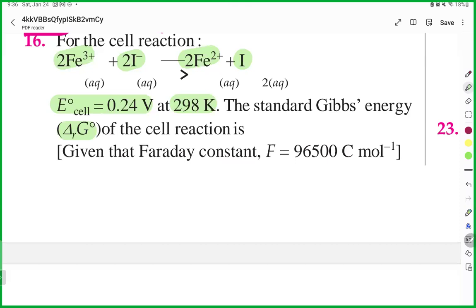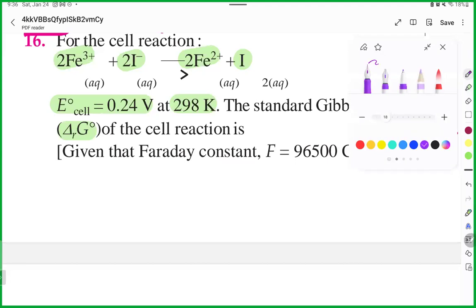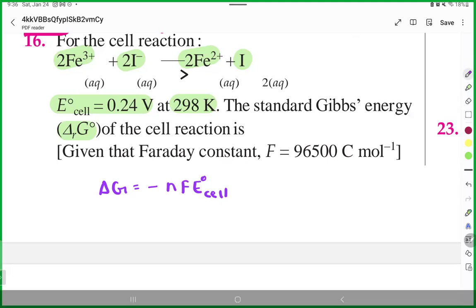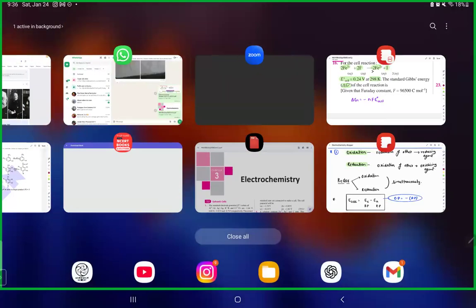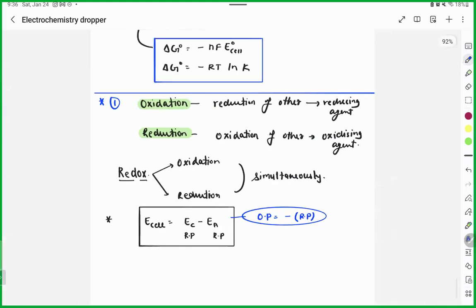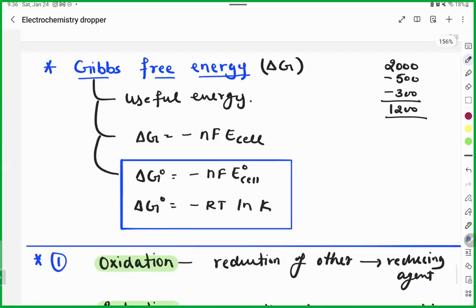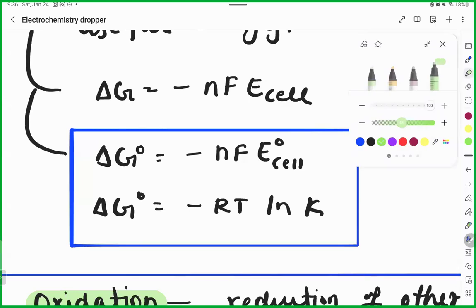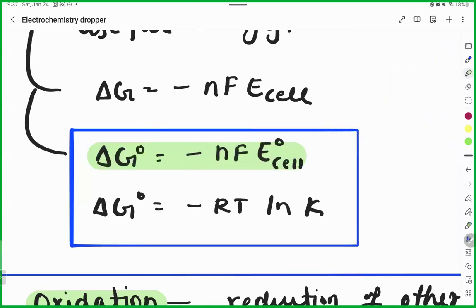What is the formula if you want to calculate delta G value using E cell? Delta G is equal to minus nF E naught cell. Correct. Sarah, the last formula we wrote in our notes was delta G equal to delta G naught plus RT ln Q, right?